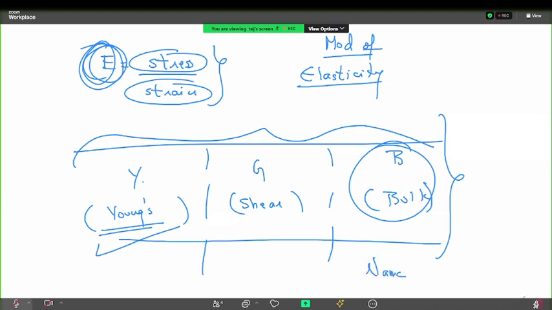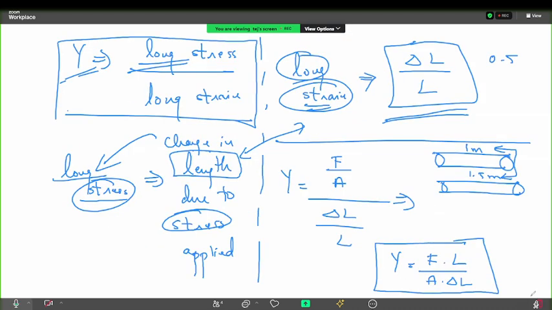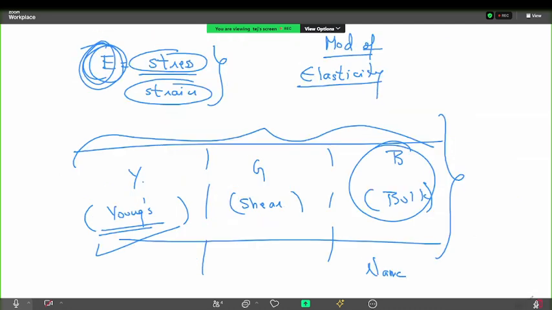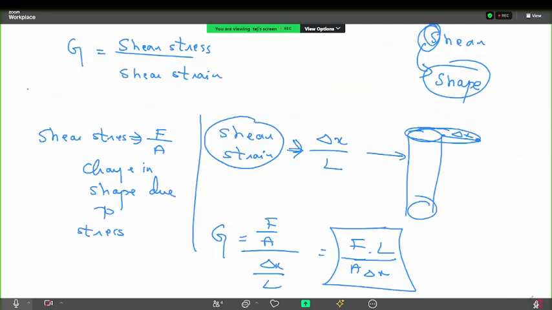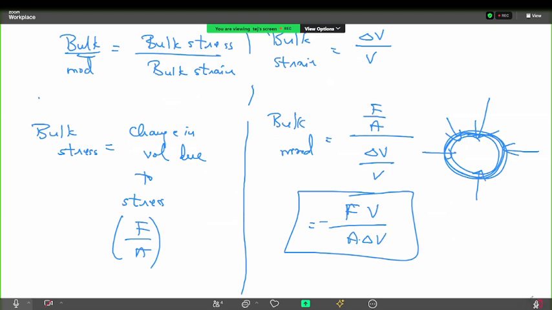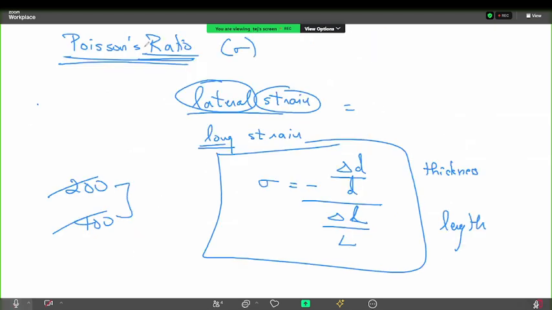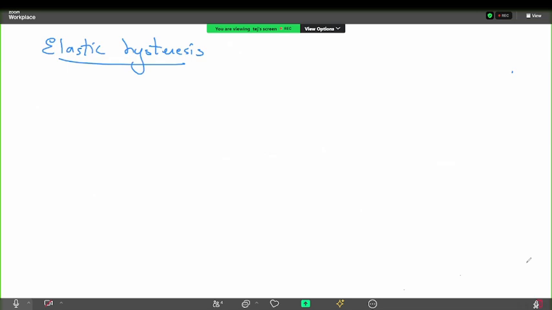Next, the 5 marker in this is only the graph, nothing else. Then they'll ask you to define Poisson's ratio. I think Hooke's law and Poisson's ratio are there in all the papers. Hooke's law, Poisson's ratio, everything.